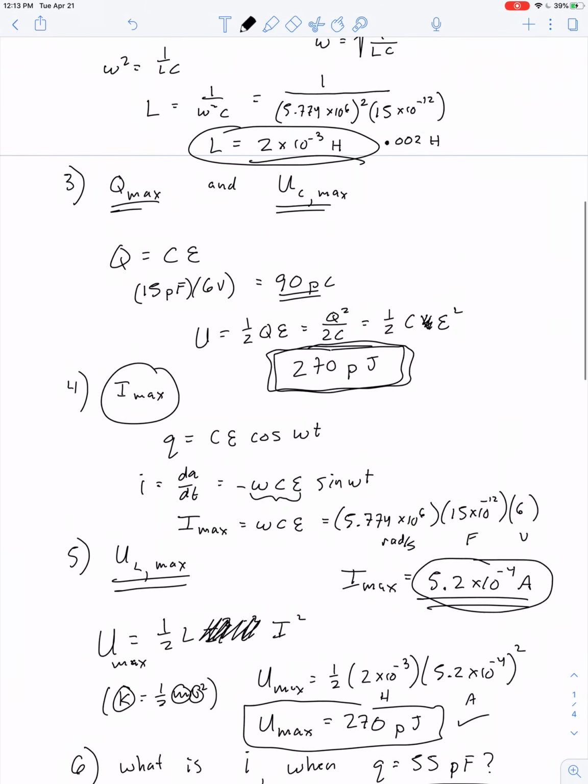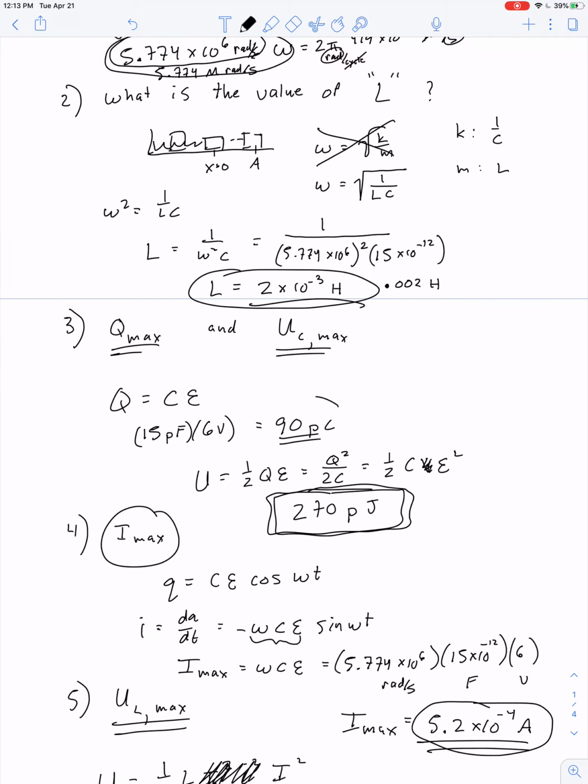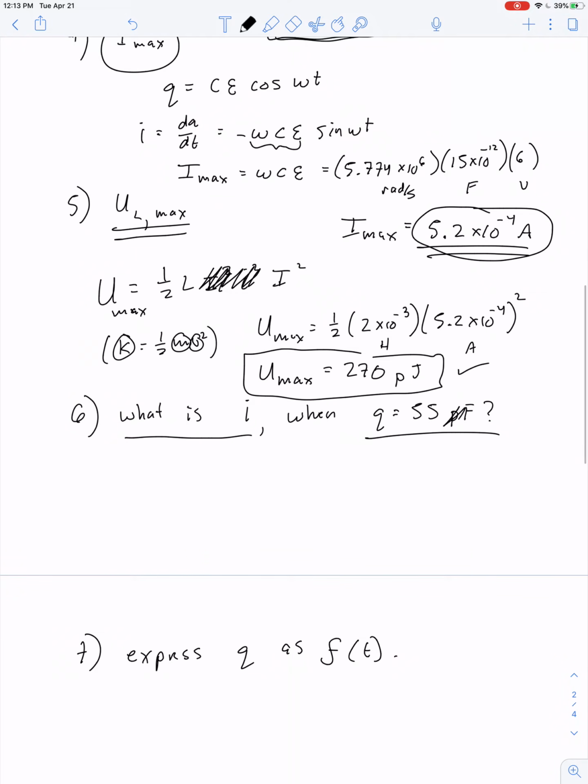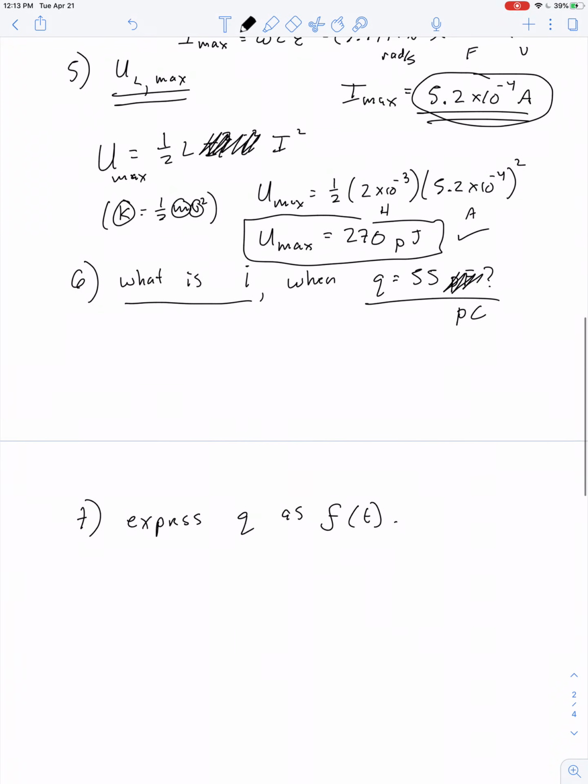Now keep in mind, as we found earlier, the maximum charge on the capacitor was 90 picocoulombs. Oh, did I say picofarad? Shame on me. Picocoulombs. Well, the maximum energy at any point should equal the sum of the energy in the inductor plus the energy in the capacitor.